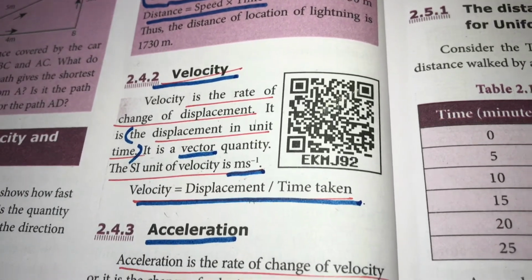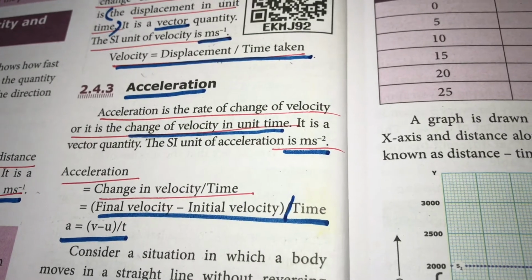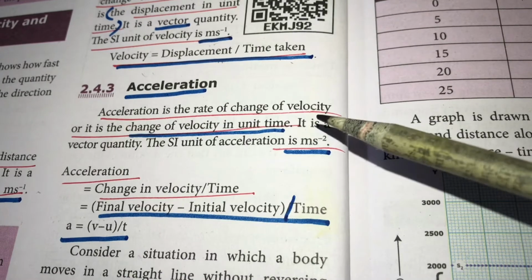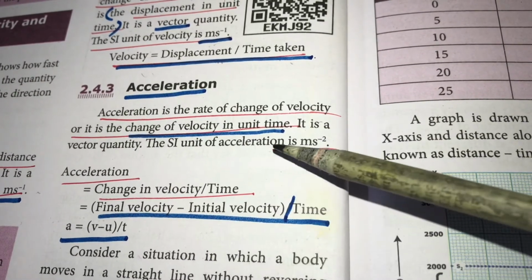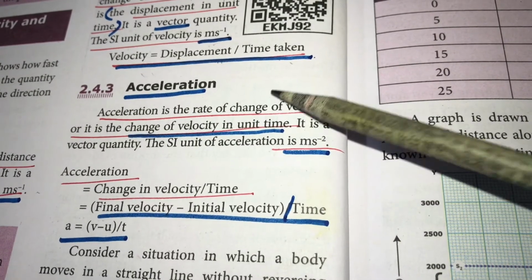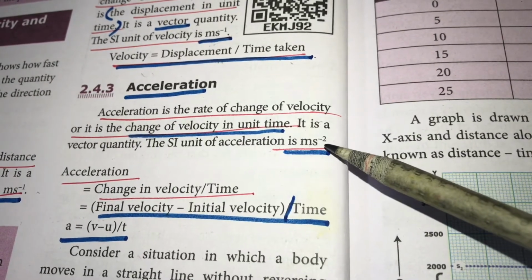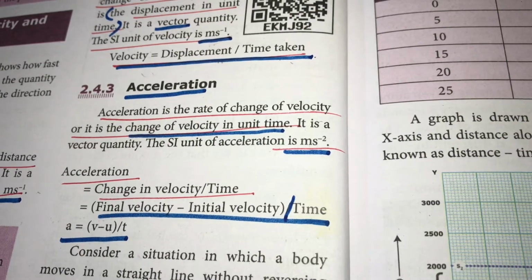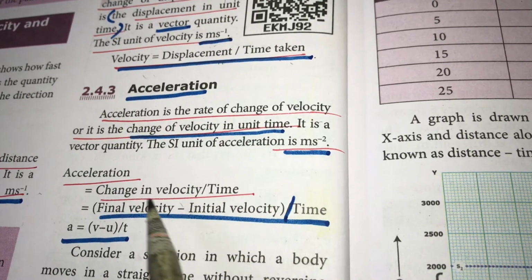So next one is what is acceleration. Acceleration is the rate of change of velocity in unit time. The change in velocity in unit time is called acceleration. The unit of acceleration is meter per second power minus 2. So the change in velocity of an object in a given time is called acceleration.